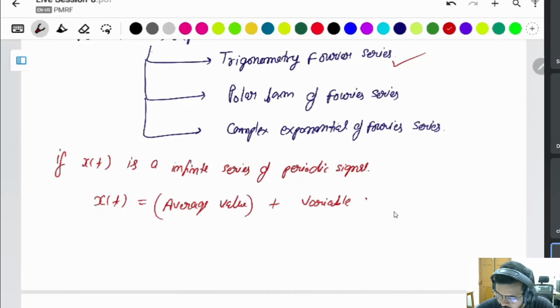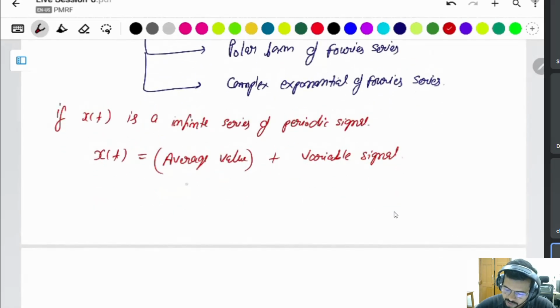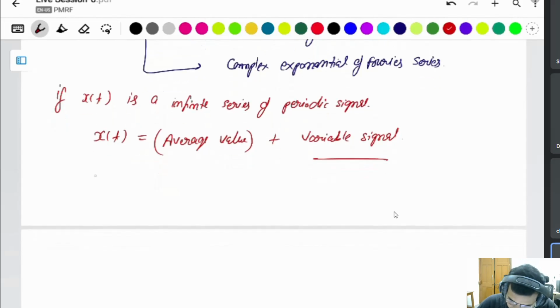The constant value is the average value of that signal, and the variable signal is the alternating signal like sine and cosine, which is present in the trigonometry Fourier series.